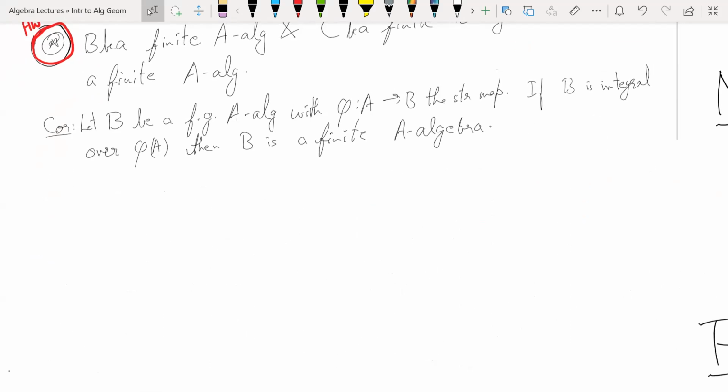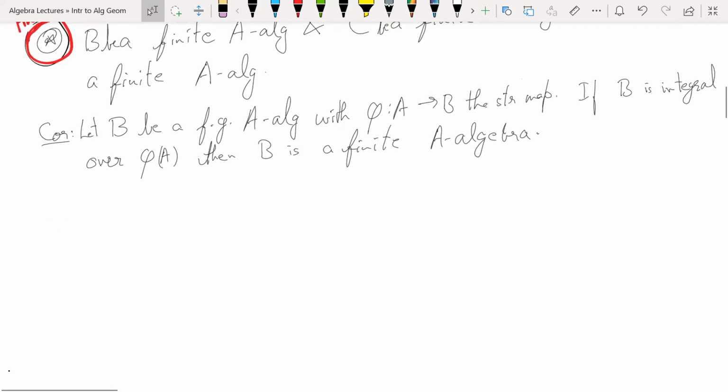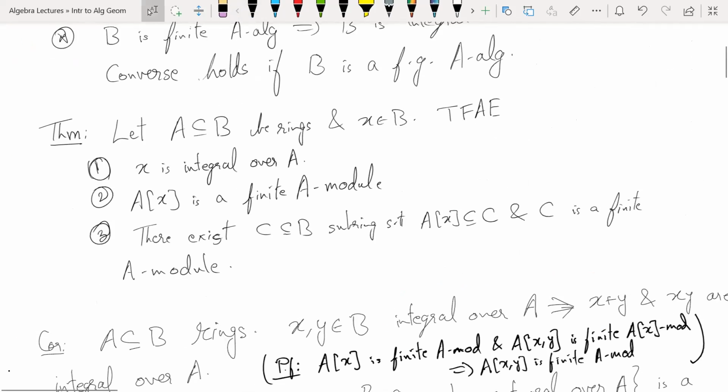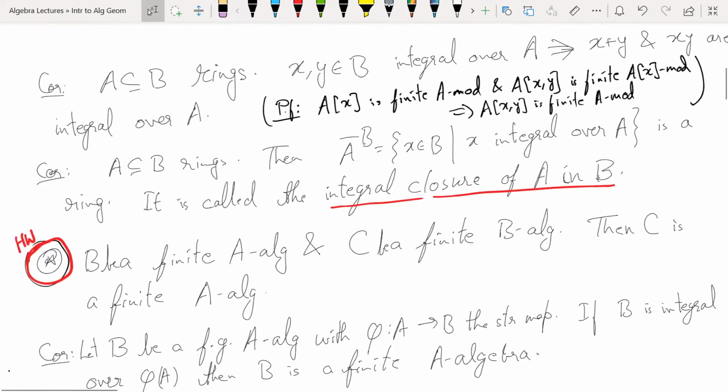If B is integral over phi(A), then B is a finite A-algebra. So this is another consequence, and it is the converse of the statement I stated earlier: B finitely generated A-algebra, then B integral implies B is a finite A-module.